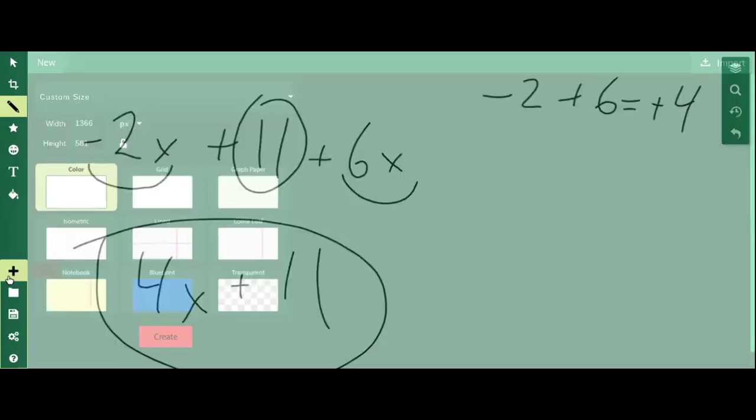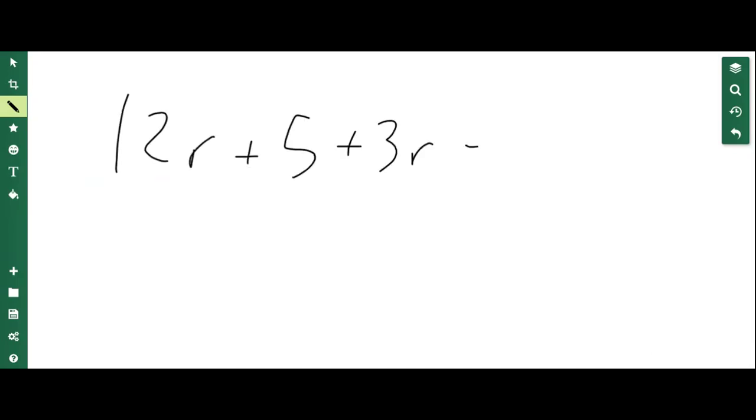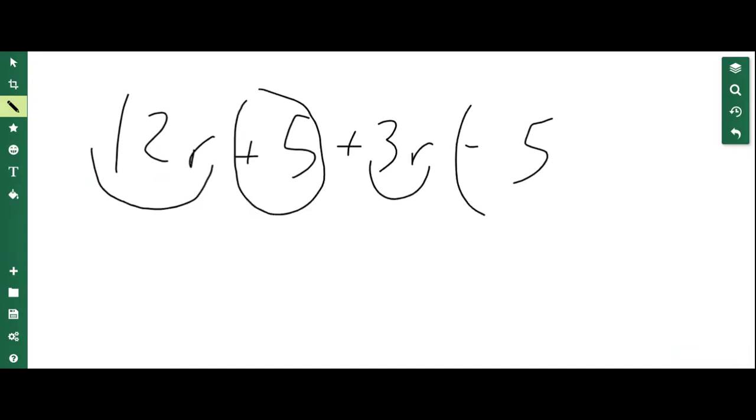All right. Last but not least, we have 12r plus 5 plus 3r minus 5. Well, 12r and 3r both share an r. Positive 5 and negative 5 are my constants, so I can combine those. What is 12r plus 3r? 12 plus 3 is 15r.